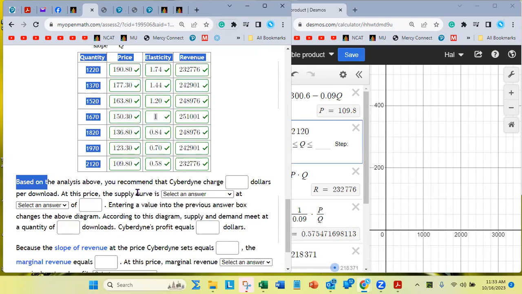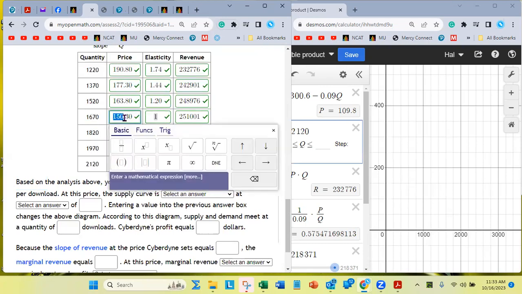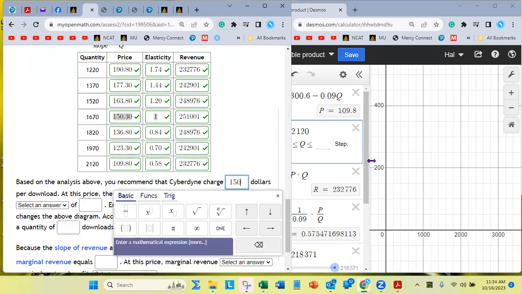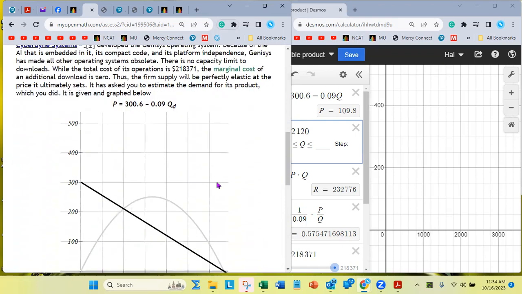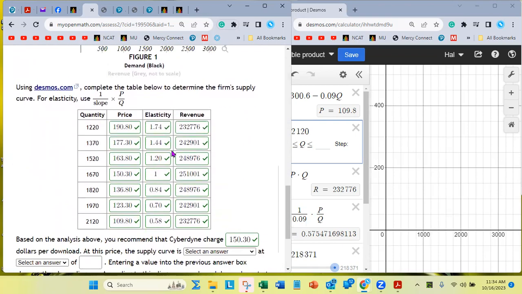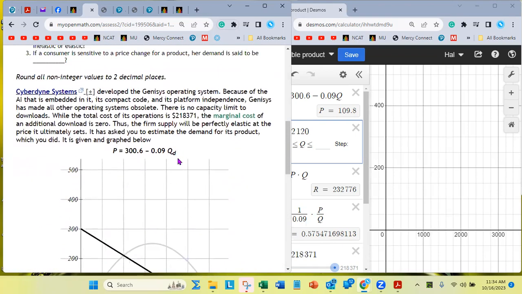Okay, so based on the analysis above, you recommend that CyberDyne Systems charges, I'm going to charge the price that makes this possible, the price that makes elasticity 1 and revenue maximized. My price is $150.30, right? At this price, the supply curve, let me go ahead and hit enter here. Hasn't drawn it in yet. But remember, we're picking the price, right?